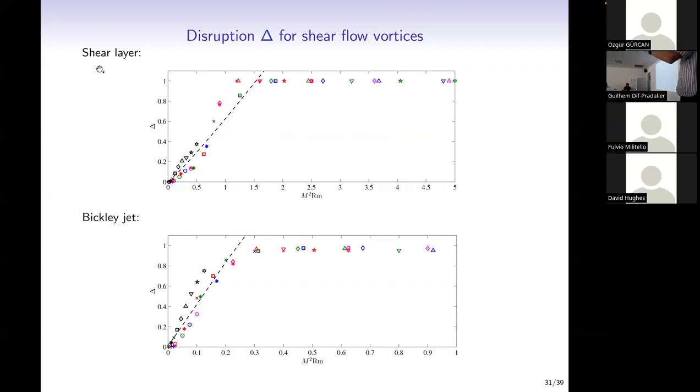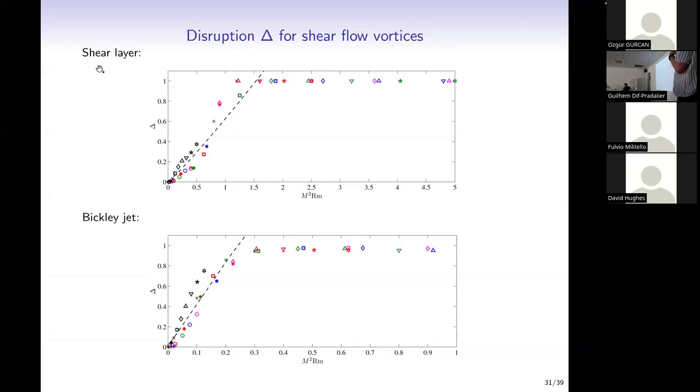And this is the disruption parameter at a certain time versus m squared Rm, for the shear layer and for the big theta. I would say, of course I would say that, but it's pretty good, right? So I don't know how well you can read all this. The disruption parameter goes from 0 to 1, and m squared Rm here goes from 0 to 5.